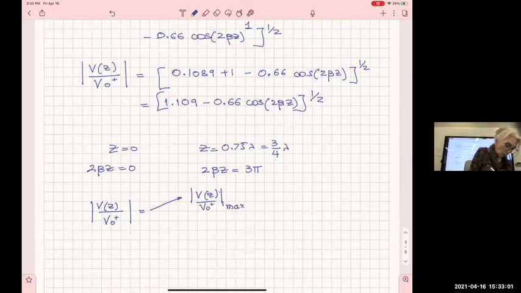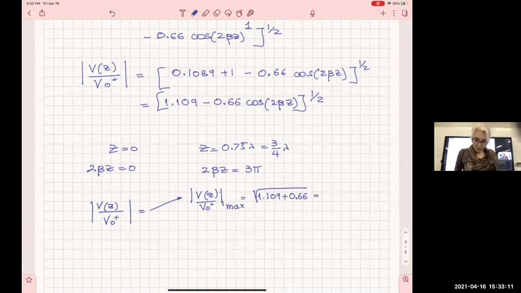Of the square root of 1.109 plus 0.66, which in fact makes it, let me here, plus 1 here, plus 0.66, and find the square root of that. 1.33.